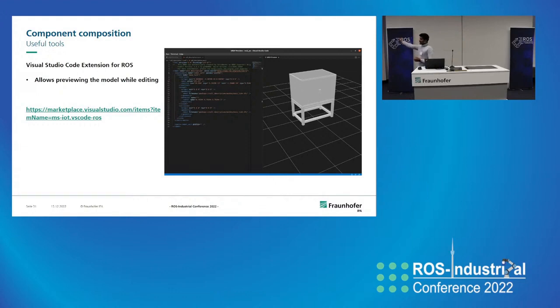So if there are any issues, we can resolve them right here, and it speeds up the process. If we don't have an extension like that, the only way is to preview it using RViz, which is not so easy, so we need to go back and forth in order to get it through.